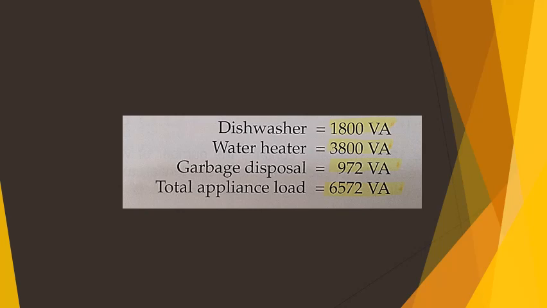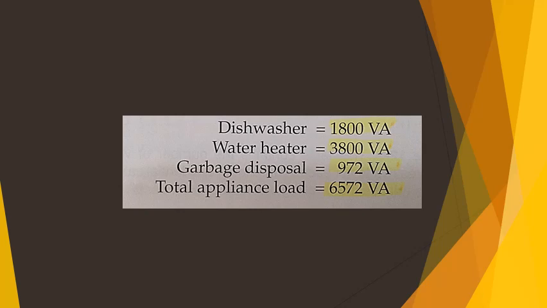Clothes dryer. Find the total of the clothes dryer by looking at the nameplate. If this rating is less than 5000 volt amperes, you must use 5000 in the calculations. If the load on the nameplate is higher, use that number. Unless there is more than one electric dryer installed in the home, a demand factor cannot be used.